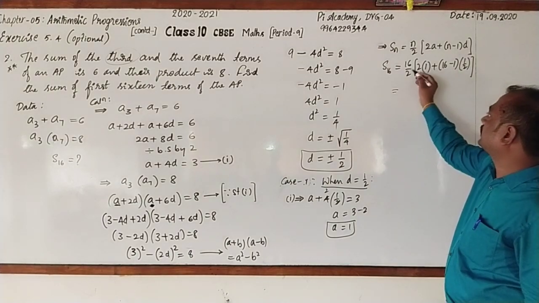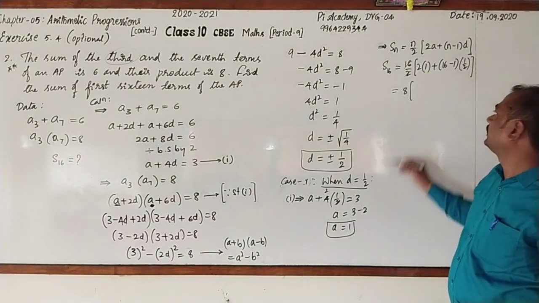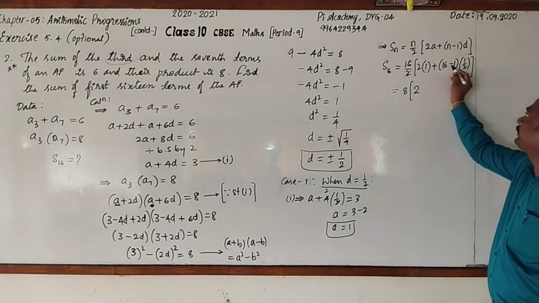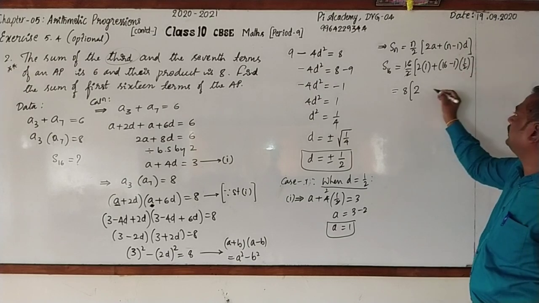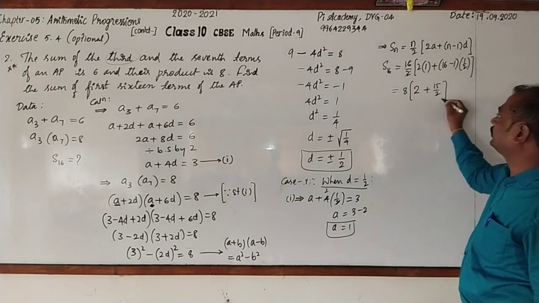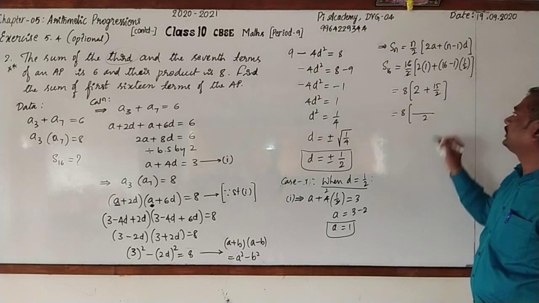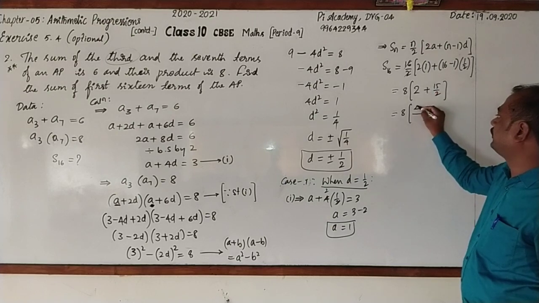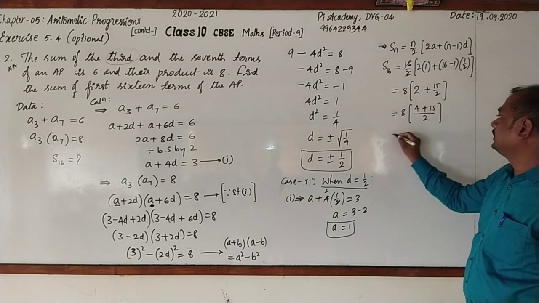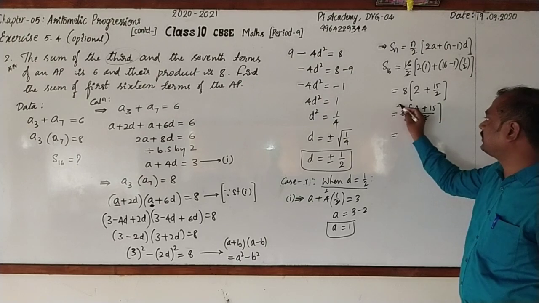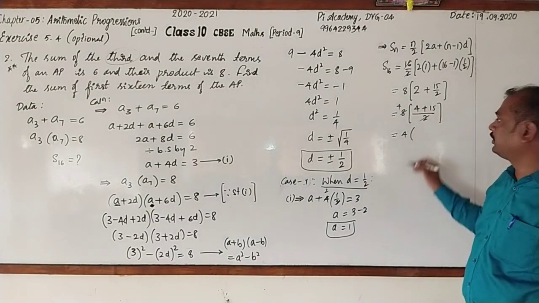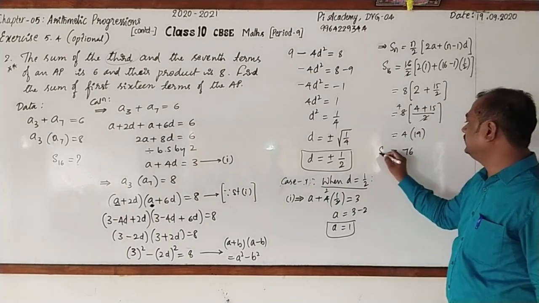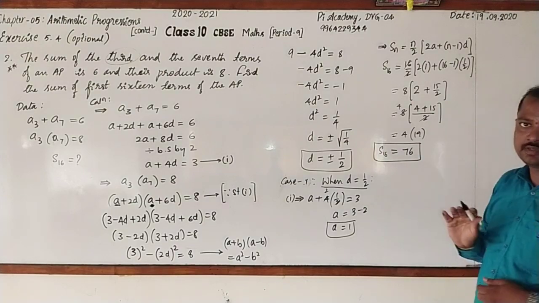Next, it is equal to, cancel it, 1s are 8s are, 2 1s are 2. Now 16 minus 1, 15, 15 into 1, 15 by 2 plus 15 by 2, which is equal to 8 into, take 2 as LCM, then multiply LCM with the first term, 4, second term, 15. It is equal to, you can cancel it directly, 1s are 4s are, 4 into 15 plus 4, 19, 19 4s are, it is 76. So S16 is 76. Clear?